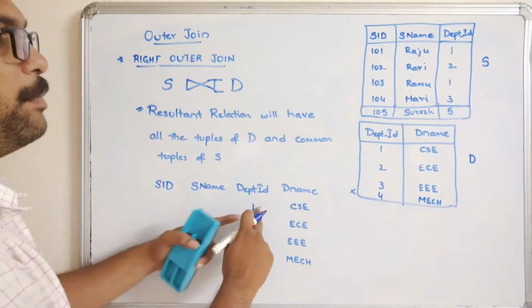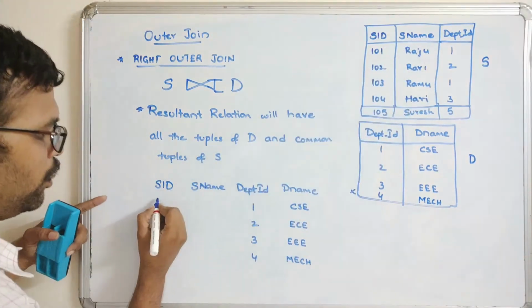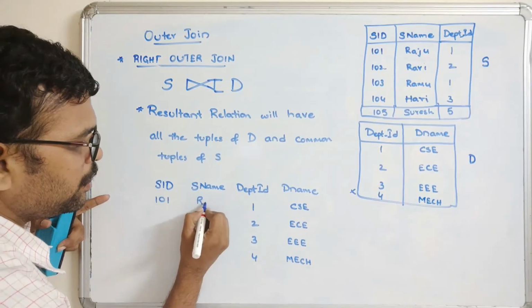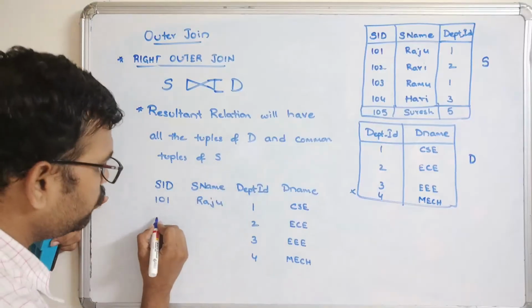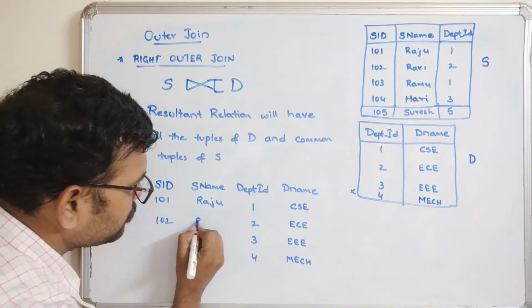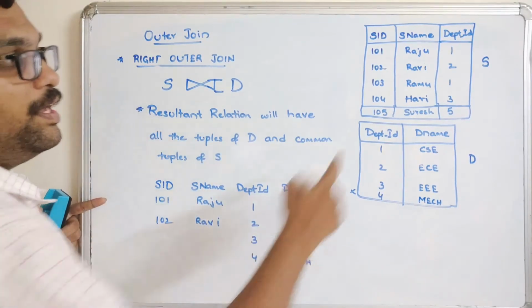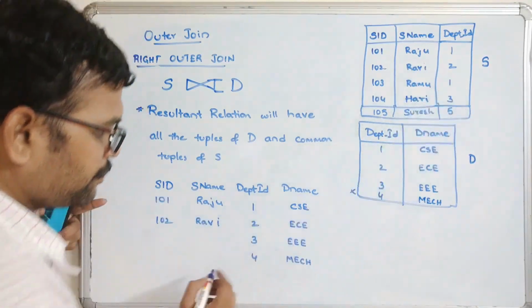Now consider department 1. So 101 Raju, 102 Ravi, and again 1, right?